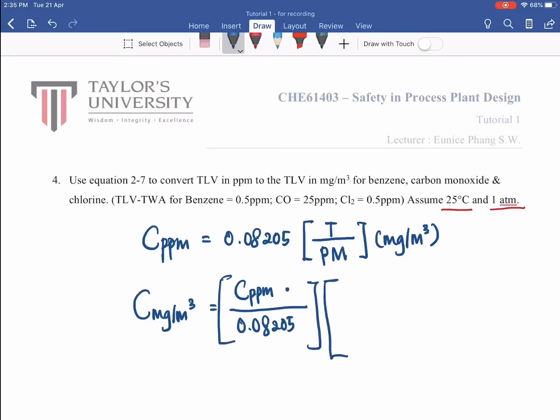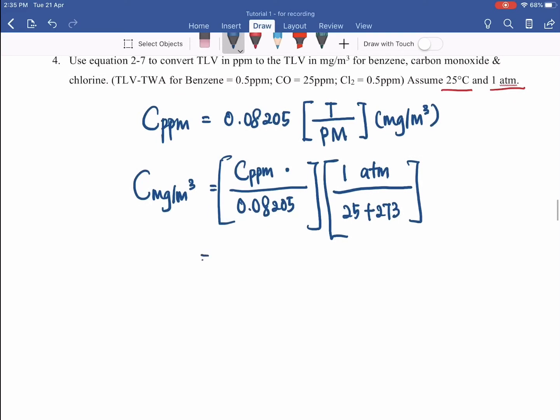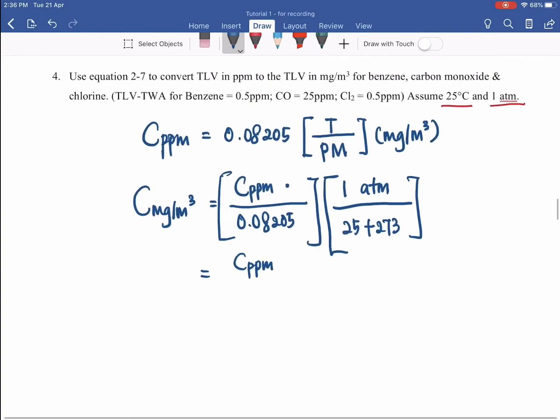And then we will have our pressure: pressure is 1 atmosphere, over temperature 25 degrees Celsius, but the temperature here is in Kelvin, so 25 plus 273, you get something like ppm. I also need the atmospheric pressure, and the molecular weight.